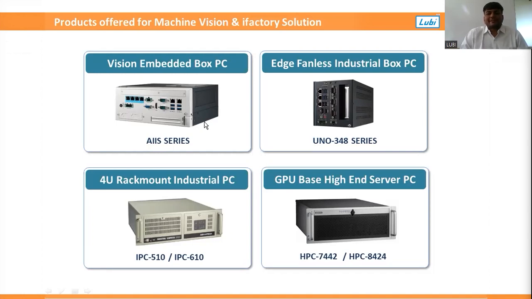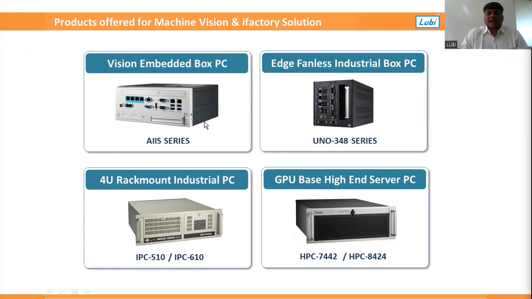The second series for vision applications is an edge enabled fanless industrial box PC. That series is UNO-348. The main features of UNO-348: one, expansion modules are available. So if any customer wants to expand with DAQ cards or anything in the same PC, it is possible in UNO-348. The UNO-348 series PC comes with TPM modules, which are security based modules.